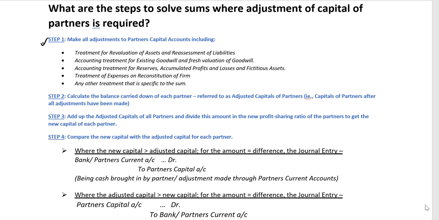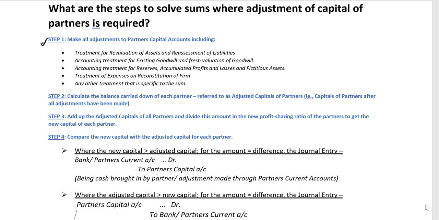is to make all adjustments to the partners' capital accounts, including the treatment for revaluation of assets and reassessment of liabilities, accounting treatment for existing goodwill and the fresh valuation of goodwill, accounting treatment for reserves, accumulated profits and losses, and also fictitious assets, treatment of expenses on reconstitution of firm, if any, and any other treatment that is specific to the particular sum.